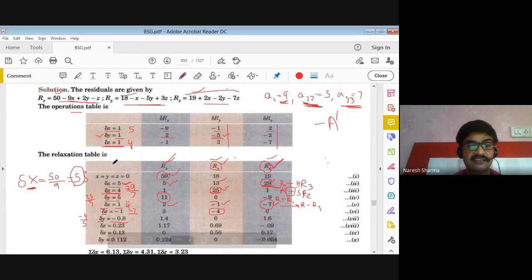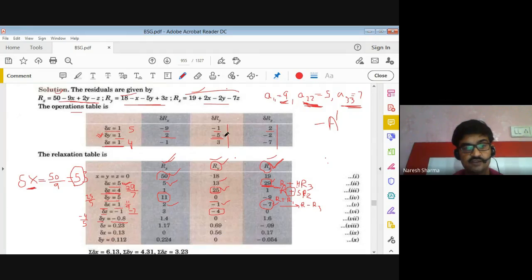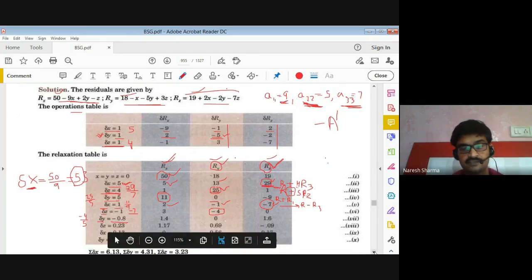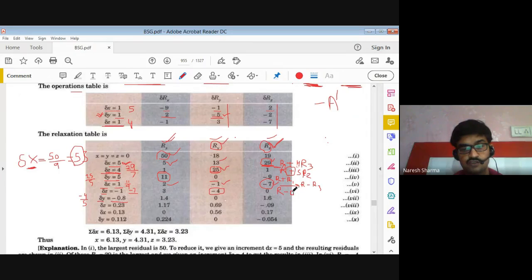Now multiply this del y with your minus 0.8. Once you multiply this by minus 0.8, this is your plus 4, and you can add this. So you may write here R minus 0.8, and here is the change in y, that is through the second row of the operation matrix table.